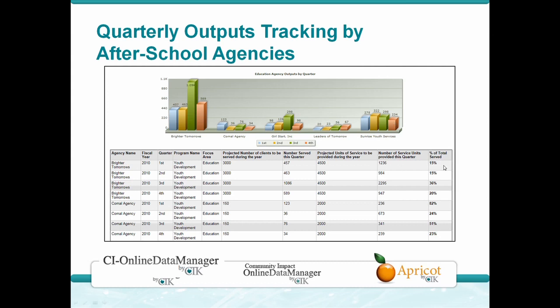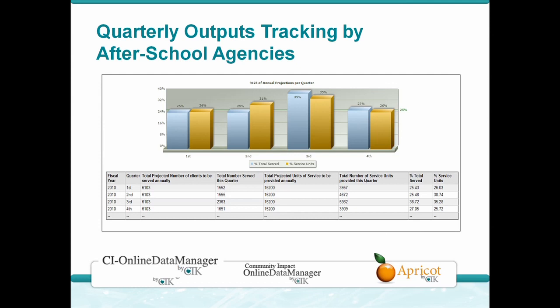So you can see they typically ought to be at 25% each quarter unless it's a special summer program. So you can see Brighter Tomorrow was actually below the curve the first 2 quarters and then caught up on the third quarter. So again, you have that real-time data to make those mid-course corrections or make sure agencies that you fund are on track.